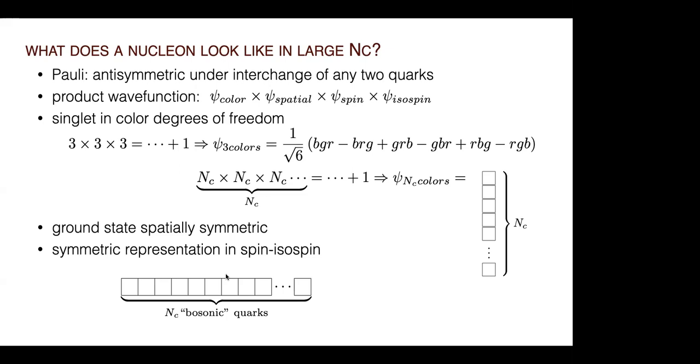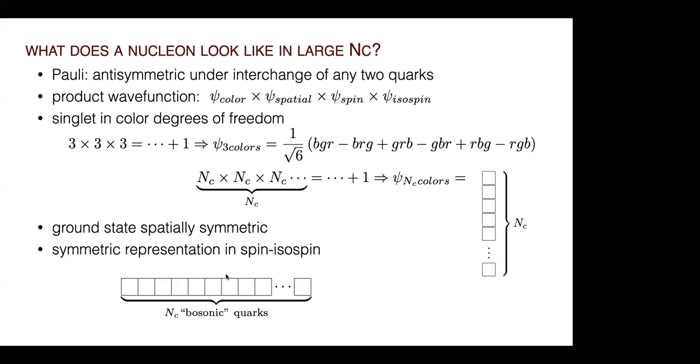That's easiest to analyze by looking at a product wave function. So you've got the color degree of freedom, with its own interchange symmetry, the spatial piece of the wave function, the spin piece, and the isospin piece.